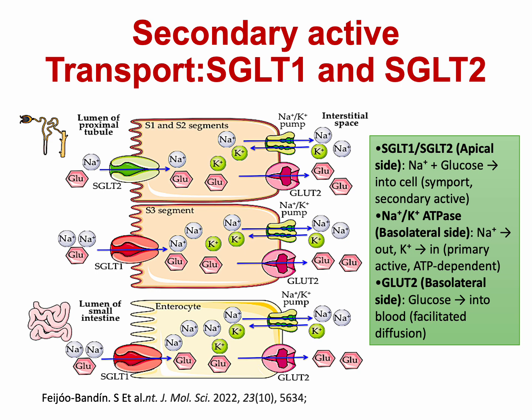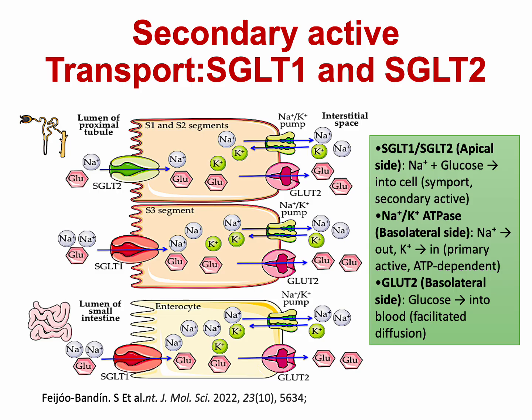The sodium ion moves down its concentration gradient, that's on the left side of the slide, from the lumen of the proximal tubule or the lumen of the small intestine. Again, the sodium moves down its concentration gradient, pulling glucose against its gradient into the cell via symport. Now, this process does not directly use ATP at the transporter.